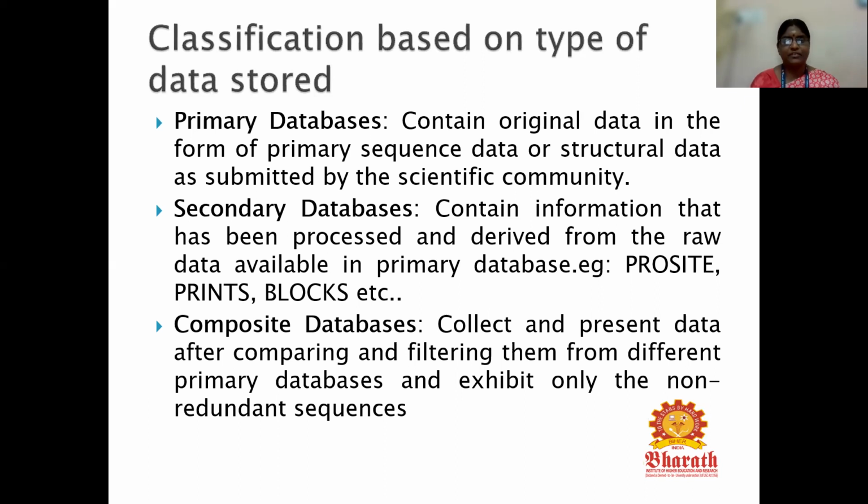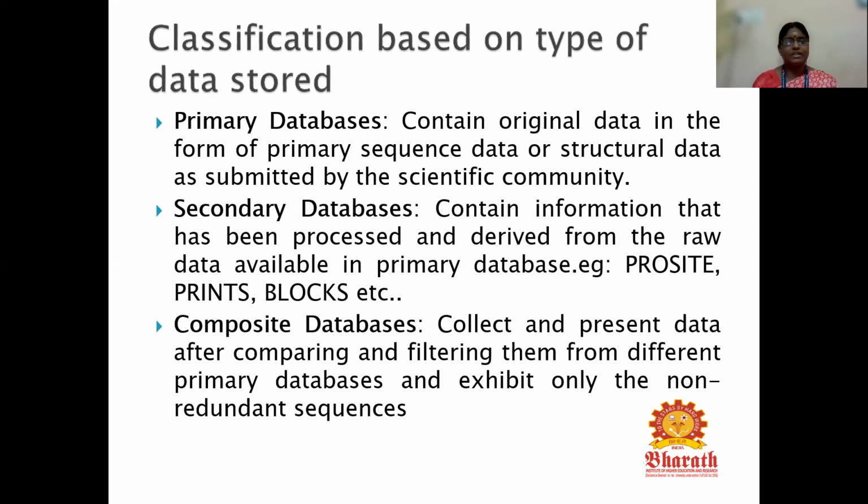So there are many differences between primary and secondary databases. In primary databases, we can produce only the structural data form, which can be deposited by scientists and researchers. In secondary databases, we can process the information which we get from the primary databases.